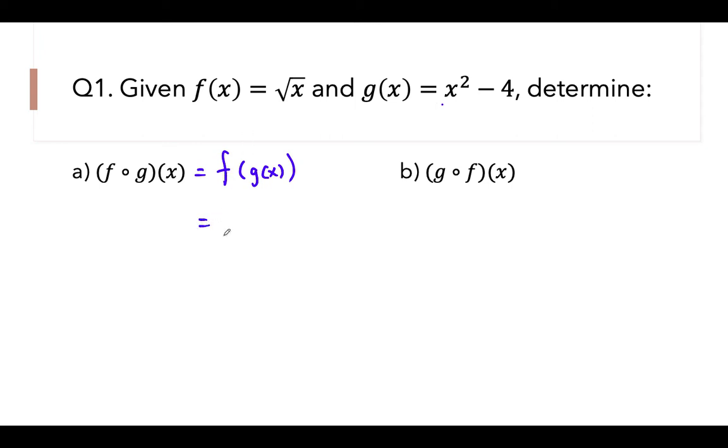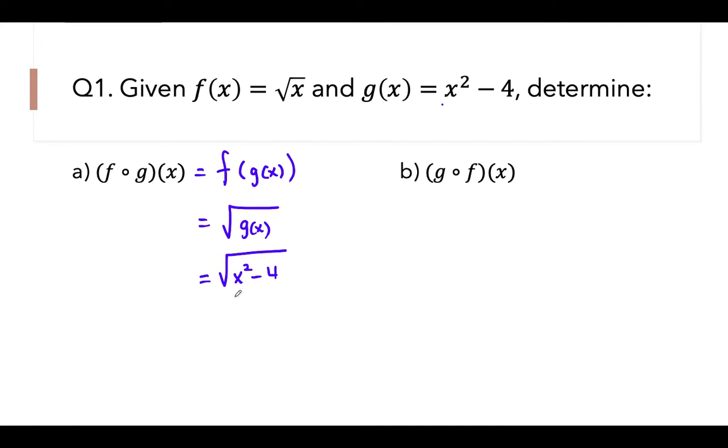So function f is this, right? And then g of x. Do you see that? So I replaced f with square root. And now I'm going to replace g of x as x squared minus 4. Okay, so always do the outer first and then inner when you're replacing it.